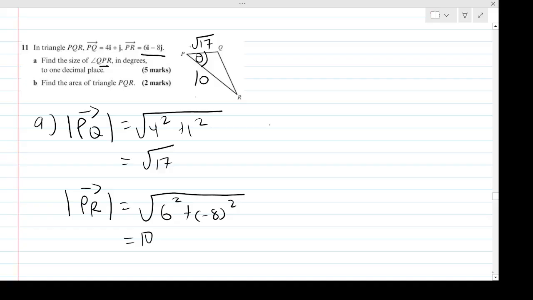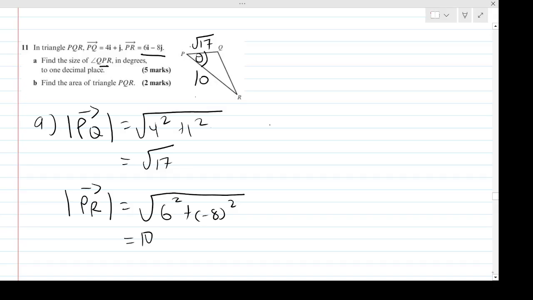But I only know two sides, and I don't know any angles. I'm thinking if I can somehow work out the remaining side, I can then use the cosine rule to work out theta. But I don't have that side, I don't have QR.